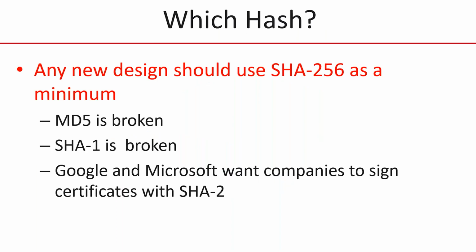So for new designs, we shouldn't use any of the message digest algorithms. More recently, the SHA-1 algorithm has been broken, so that's been compromised. The minimum that you should use is SHA-2, and this should be okay for the foreseeable future. Currently, the internet is moving to signing X.509 certificates with SHA-2.